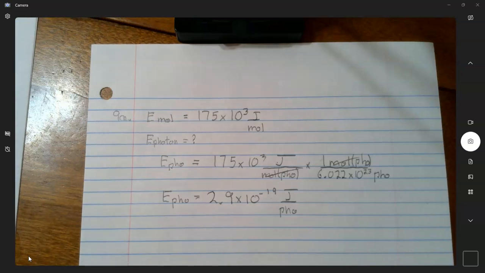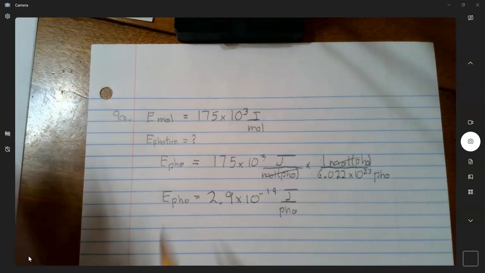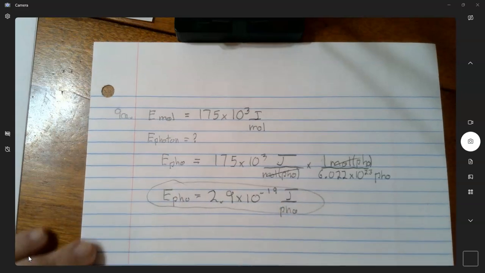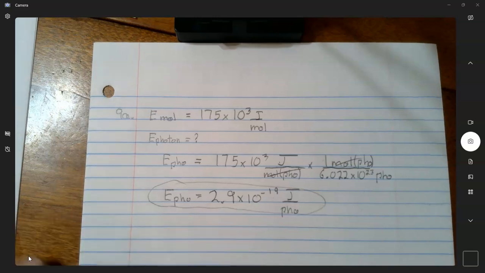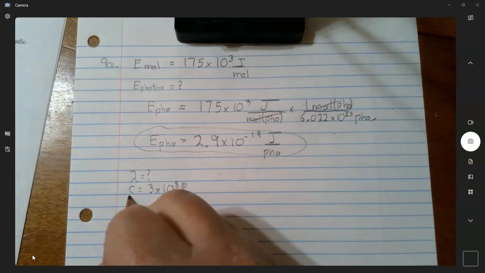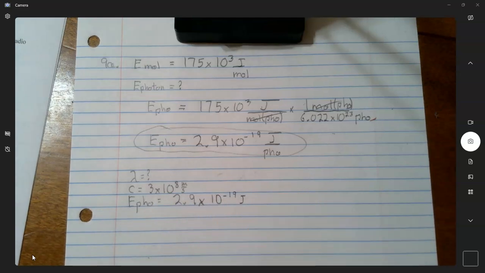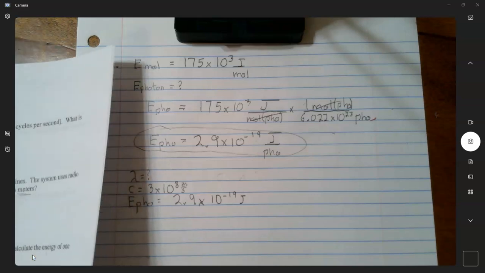Okay, we got that. Now it says compare the energy. What is the wavelength? So we need to do one more calculation, but we're going to circle this because it's one of our answers and we're going to need it later on. Okay, so it says what is the wavelength? And we have energy of a photon, which we just calculated. All right, what we don't have is frequency. So we can't use the wave speed equation.